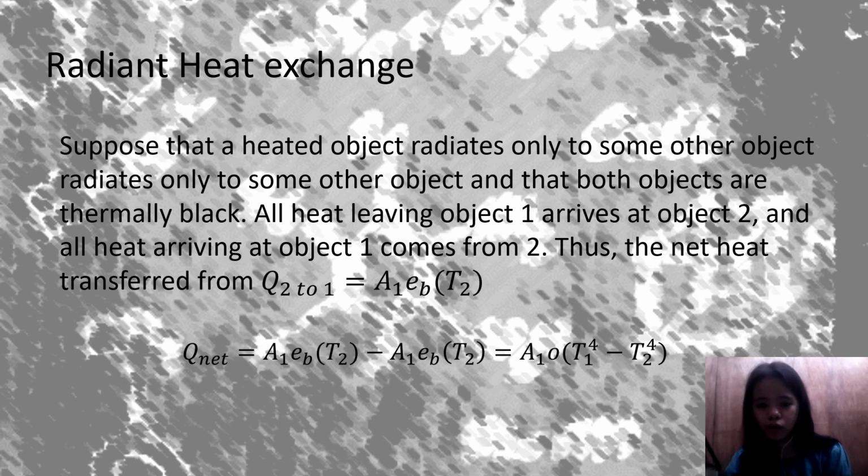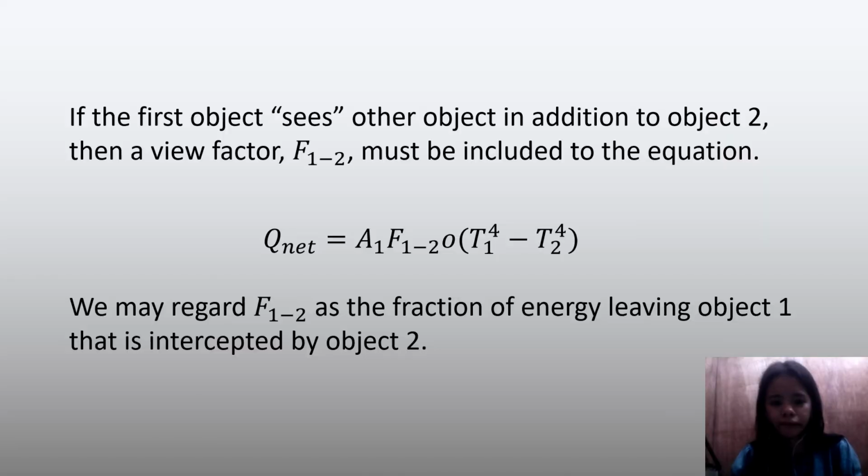So Q net is equal to A_1 sigma, T_1 to the power of 4 minus T_2 to the power of 4. If the first object sees other objects in addition to object 2, a view factor F_1-2 must be included in the equation.